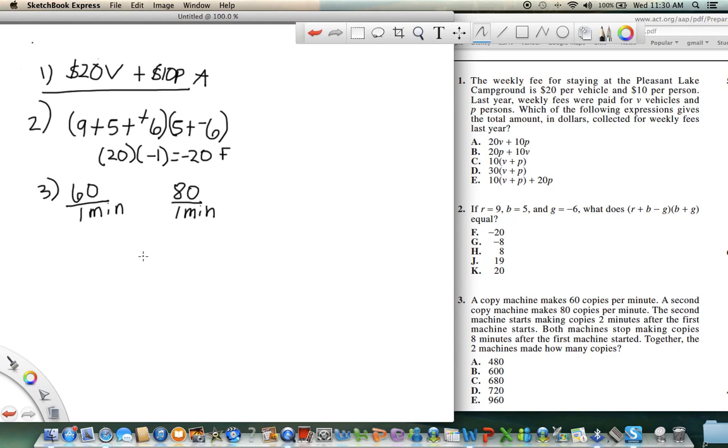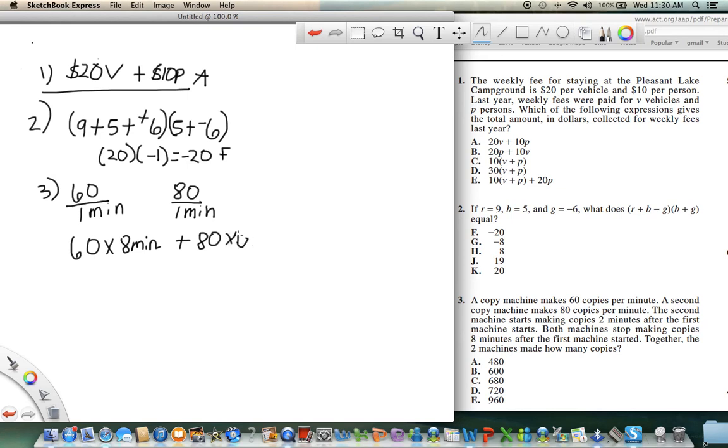Both machines stop making copies after 8 minutes. So it looks like machine 1 gets to go for the first 8 minutes, so it's going to make 60 times 8 copies, 8 standing in for the minutes, so 60 times 8 minutes. And because machine 2 starts 2 minutes later, it's going to do 80 copies for only 6 minutes.